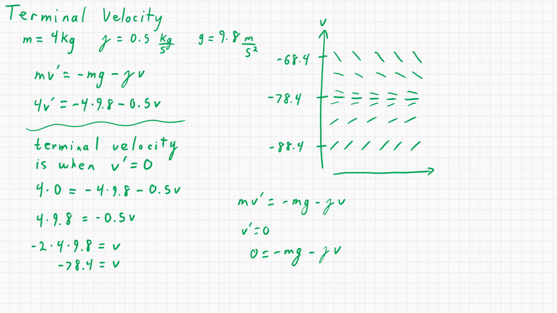If you solve for that, mg gets moved to the left, and then we can multiply by negative 1 over gamma. So the terminal velocity v is equal to negative mg over gamma. You can also use that in the future, but keep in mind this only works when the velocity is proportional, when the drag is proportional to the velocity.